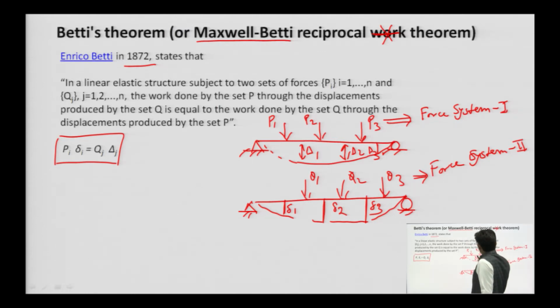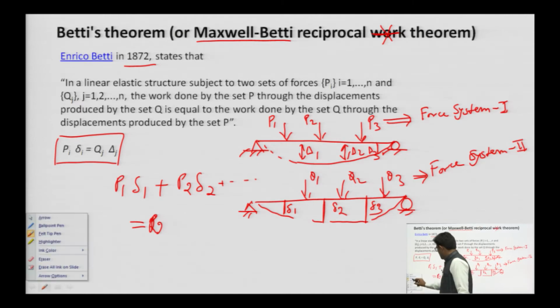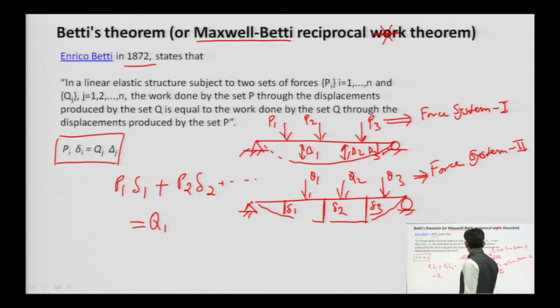So, according to Betti's theorem, P1 into del 1 plus P2 into del 2 and so on is equal to Q1 into delta 1 plus Q2 into delta 2 and so on.